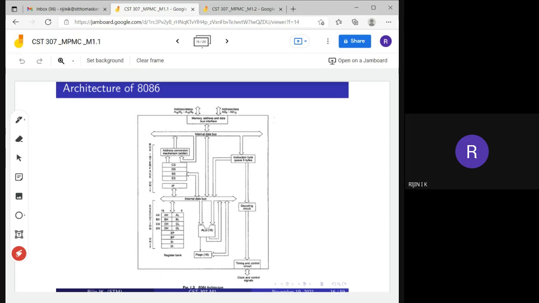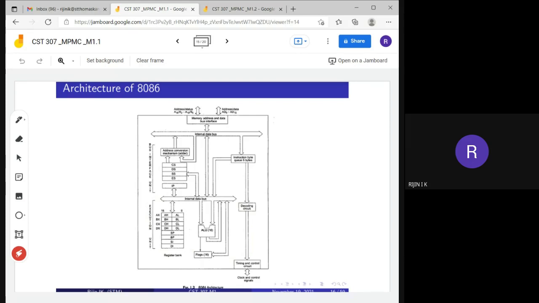As we have discussed, it is the duty of the bus interface unit to fetch the instruction from the memory. So the execution unit will read the instructions fetched by the bus interface unit, then execute them. So this is the execution unit. Now we can see the different functions.